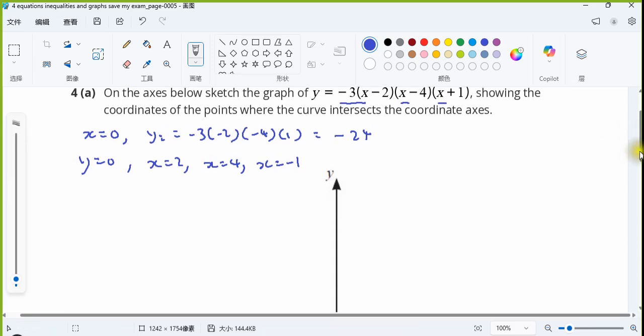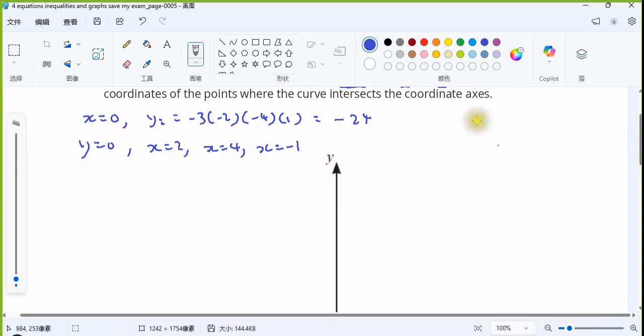Before we sketch, we imagine, okay, we sketch it. So we have a -1 here. Then it will be something like this. So this is 1, this is 2, this is 4.